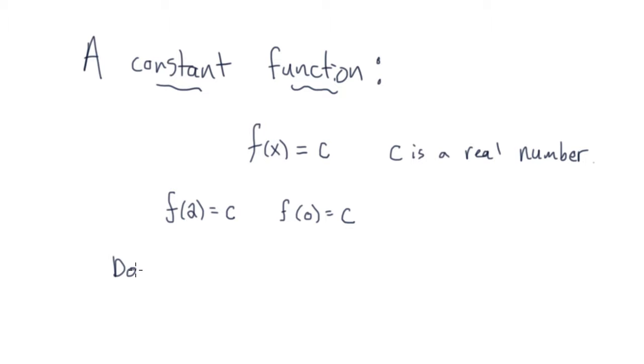So note that the domain of a constant function, well, I can plug in any real number and get the same constant output. So the domain is all real numbers.